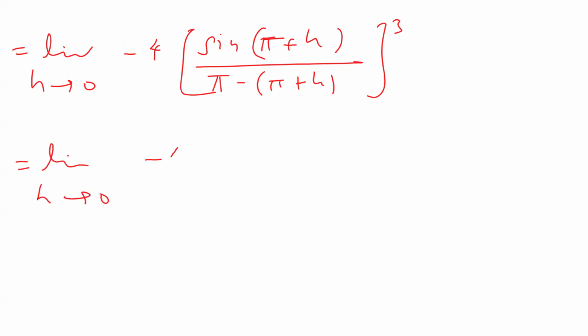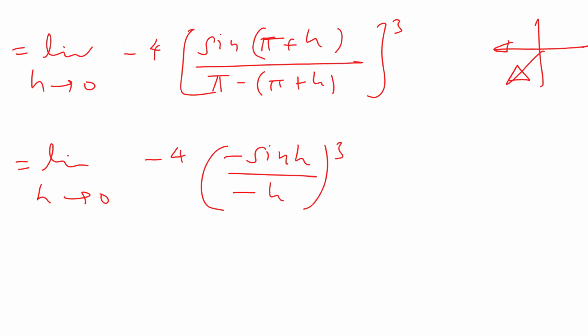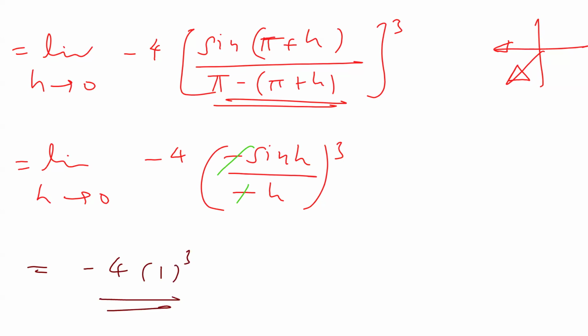Limit h approaching 0, minus 4 sine pi plus h will be minus sine h, and this is also minus h. Okay. So minus gets cancelled. Sin h upon h is 1. So the answer is minus 4.